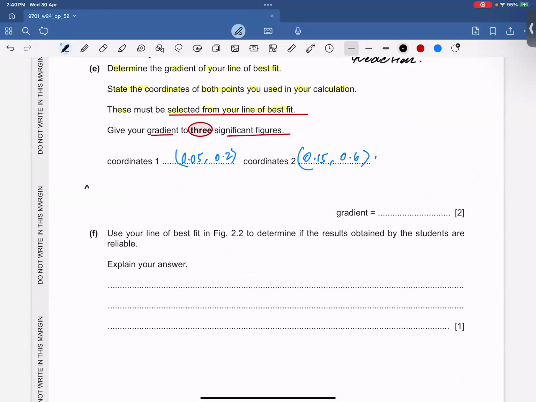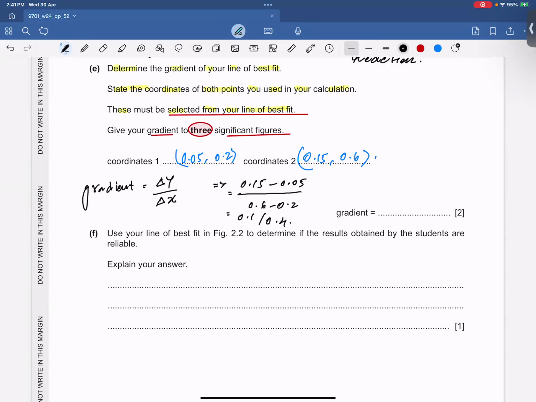सही है, ग्रेडियंट निकालने के लिए कह रहे हैं. सो ग्रेडियंट हमेशा होता है डेल्टा वाई ओवर डेल्टा एक्स. वैल्यू हमें पता है डेल्टा वाई की और डेल्टा एक्स की, तो प्लग इन करते हैं वैल्यूज को. ये हो जाएगा 0.15 माइनस 0.05 डिवाइडेड बाय 0.6 माइनस 0.2. 0.15 minus 0.05 is going to be 0.1 divided by 0.6 minus 0.2 is going to be 0.4.